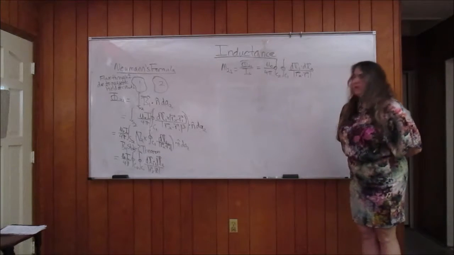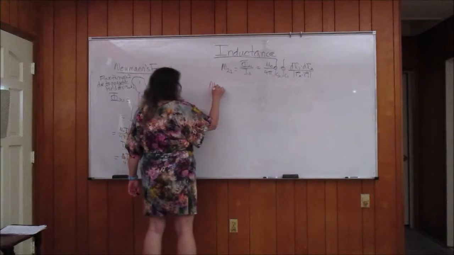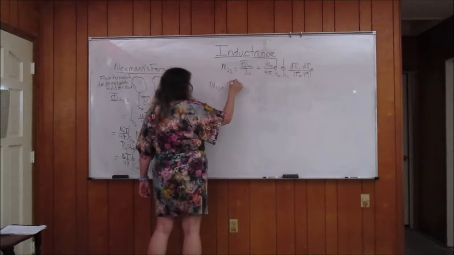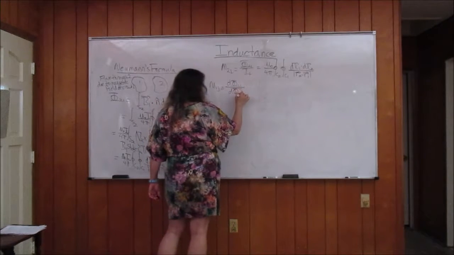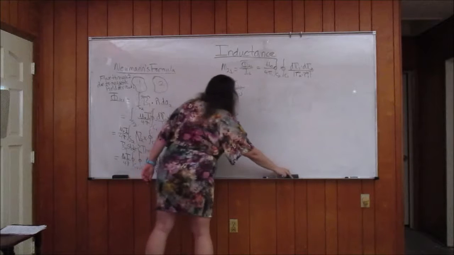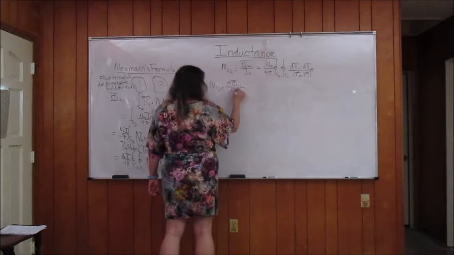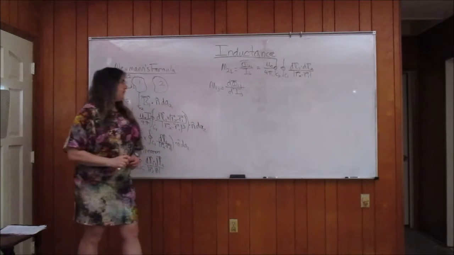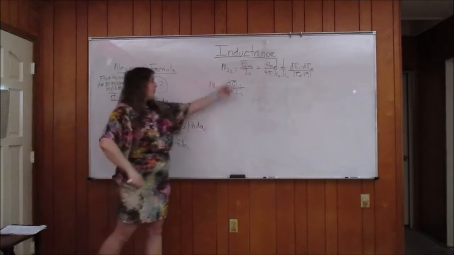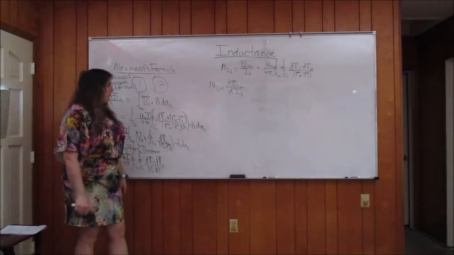Now, a couple points I want to make. Remember I said that mutual inductance between two circuits is the derivative of the flux with respect to the current flowing through the other circuit. Okay?